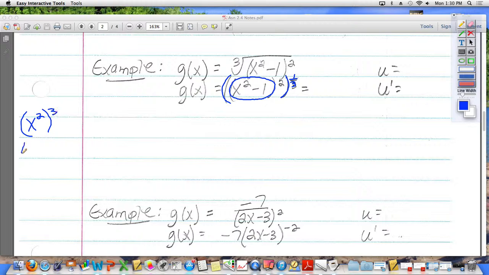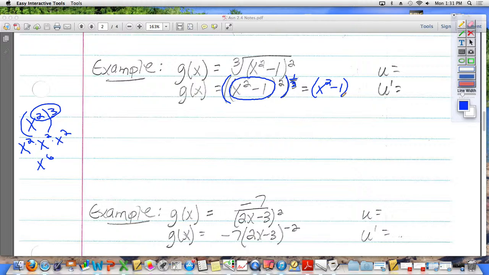The reason is that x squared cubed means x squared times x squared times x squared, which is x to the power of 6. So you're just multiplying the two exponents, 2 times 3 is 6. Do the same thing here. Multiply the exponents. So really what you have going on here is x squared minus 1 to what power?